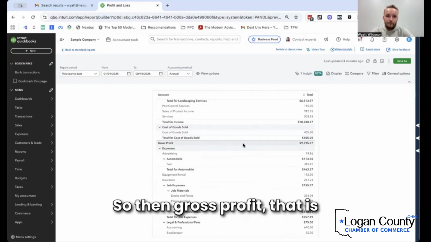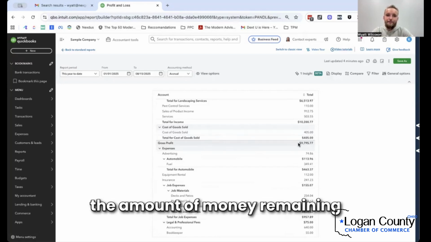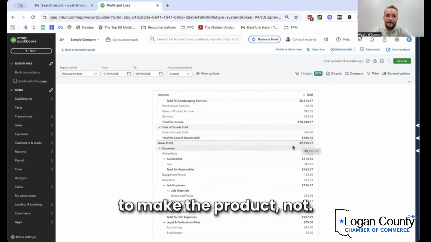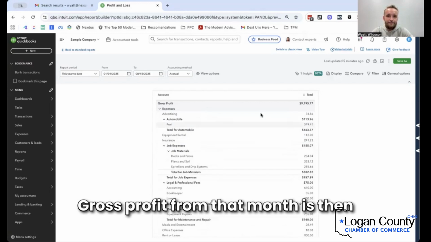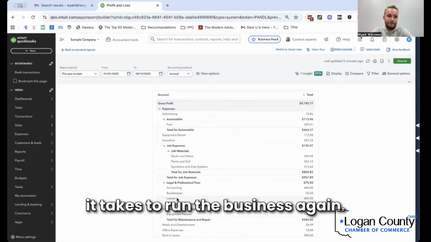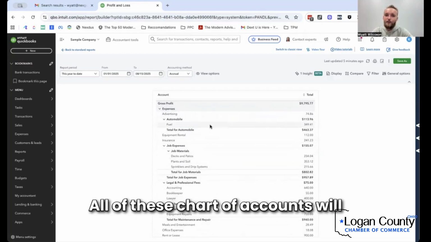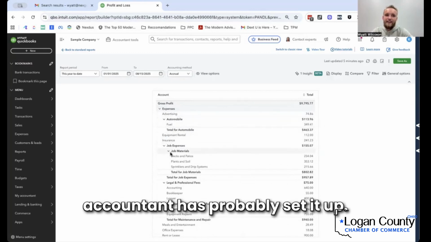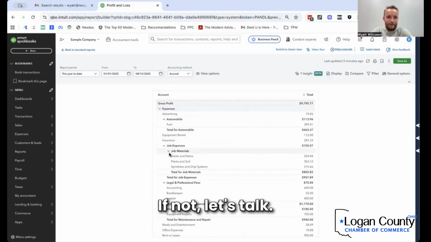So then gross profit, that is the amount of money remaining after you have used the materials to make the product. Gross profit from that month is then used to pay all of your expenses that it takes to run the business. Again, all of these chart of accounts will be unique to your business, and your accountant has probably set it up. If not, let's talk.